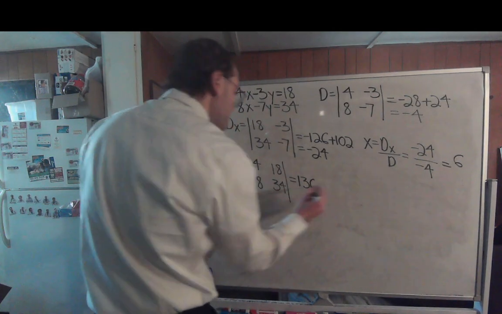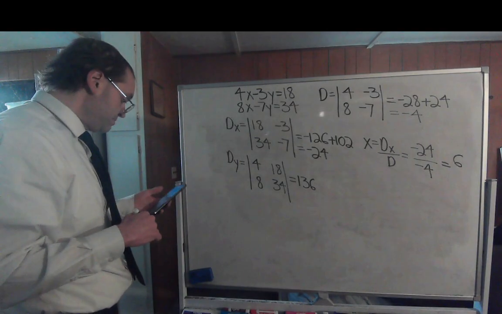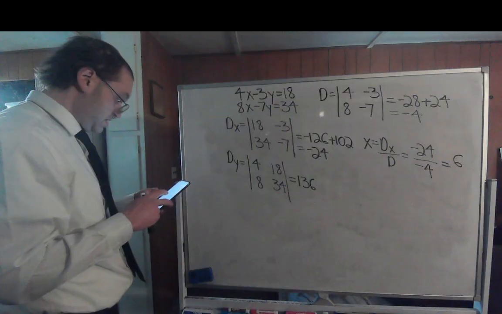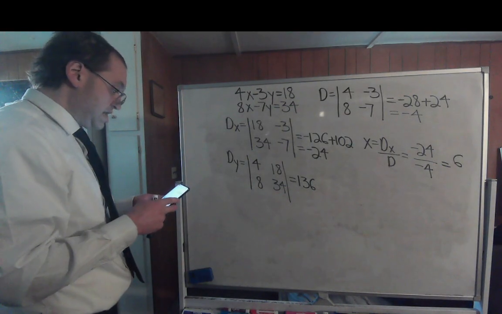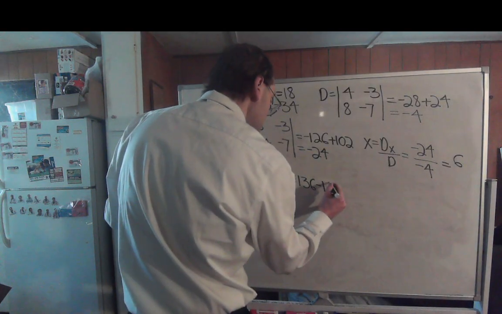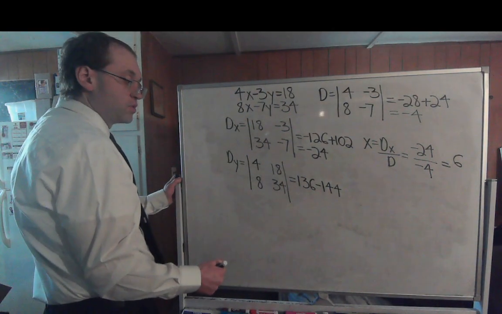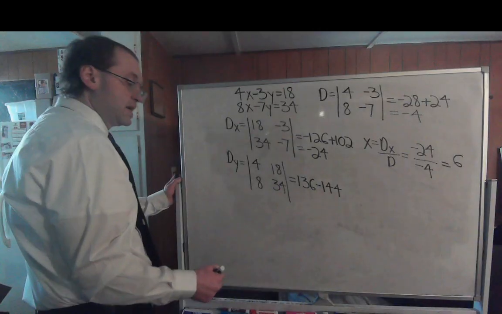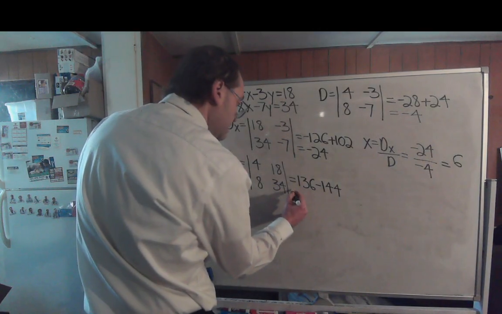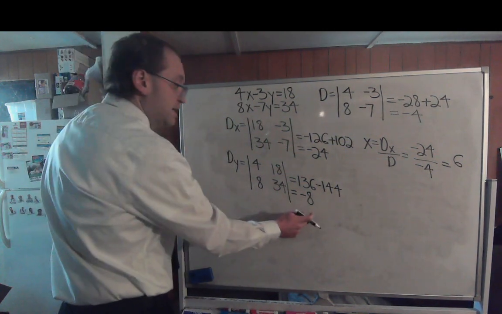So we have 136 minus 18 times 8. So what is 18 times 8? That'd be minus 144. So 136 minus 144, that's going to end up simply being negative 8. So D sub y is negative 8.